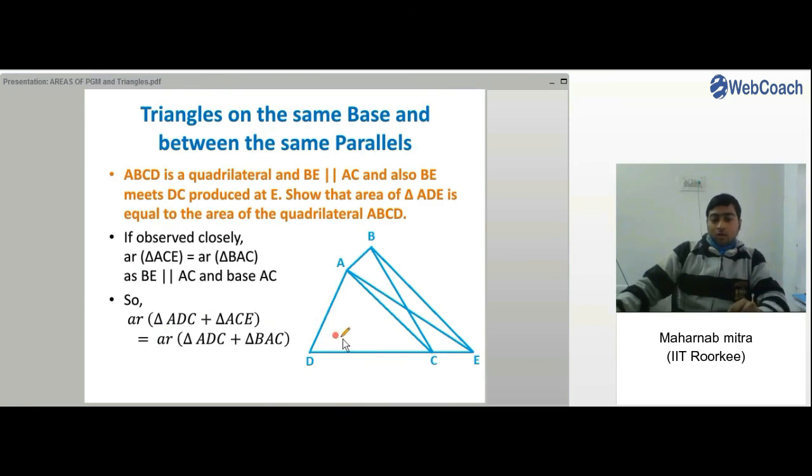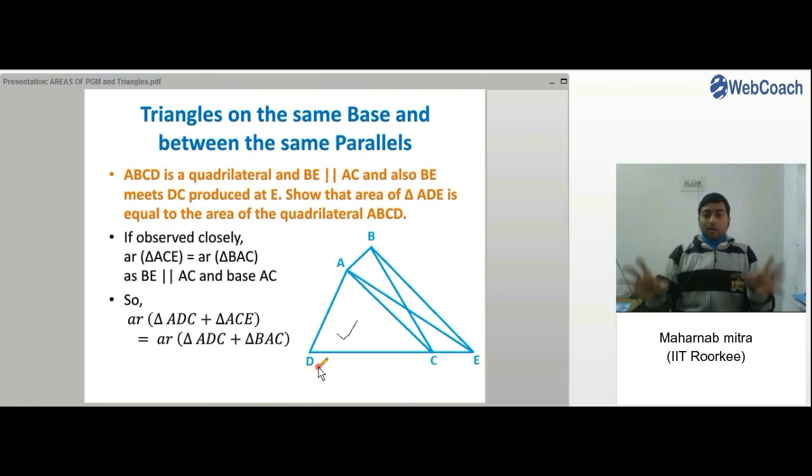Let us add the common part to both these areas, and obviously it will not change the equality, right? If two quantities are equal and on both the sides we add two equal quantities, obviously the equality will still hold, right?